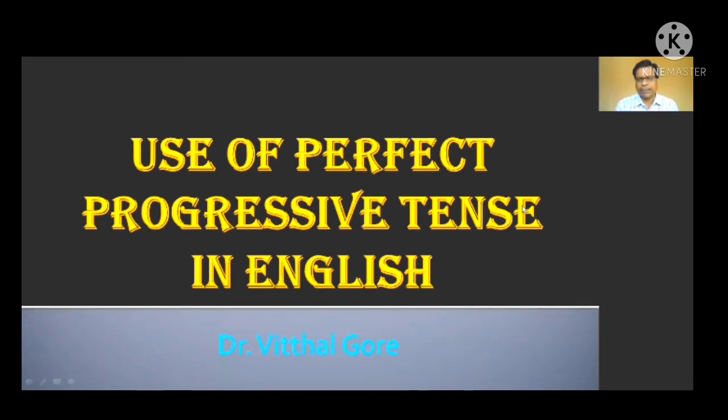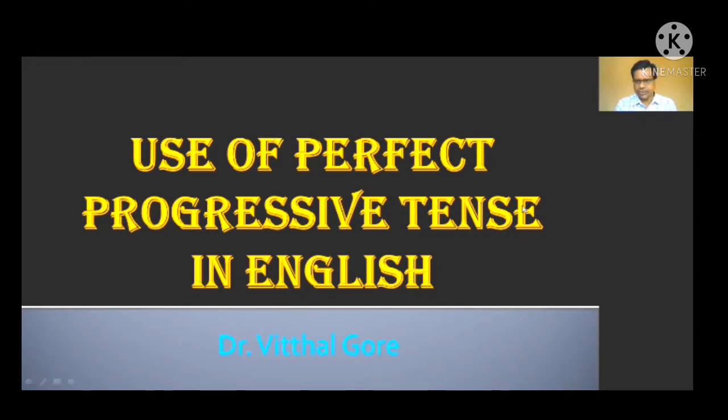And now I am going to talk about the use of present perfect progressive tense, the use of past perfect progressive tense, and the use of future perfect progressive tense.